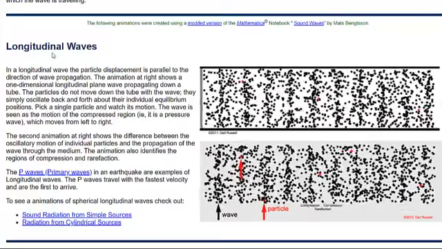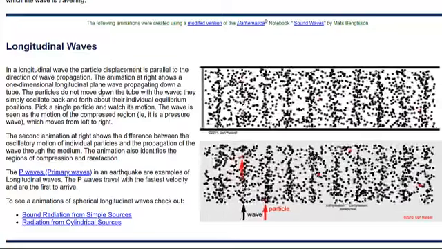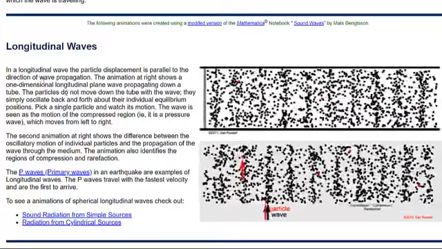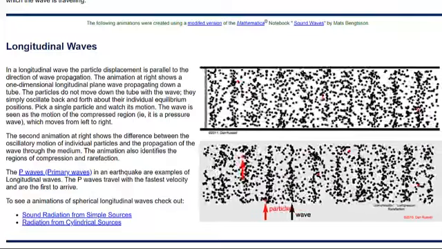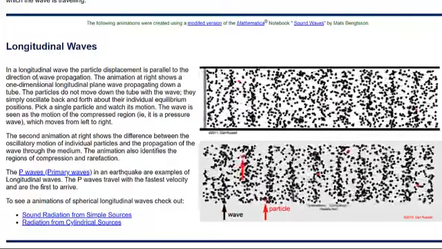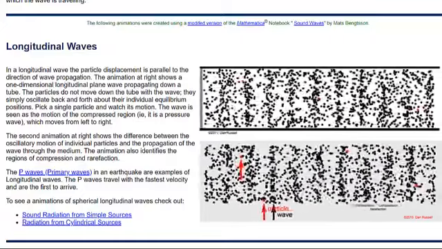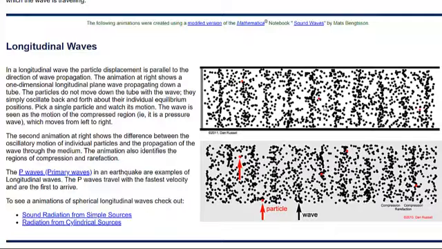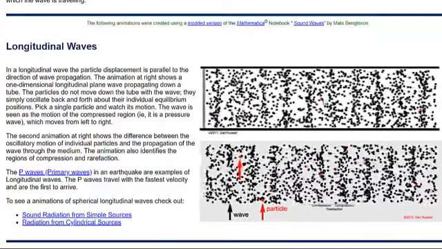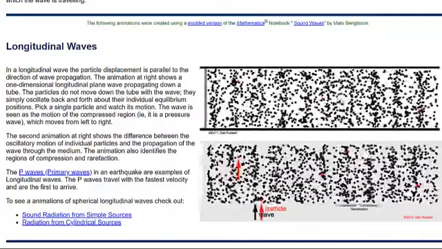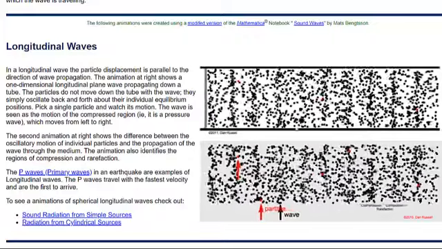So here we have longitudinal waves. Here's what they say about longitudinal waves. In a longitudinal wave, the particle displacement is parallel to the direction of wave propagation. So in this picture here, the wave is propagating from left to right, but the molecules are moving back and forth.